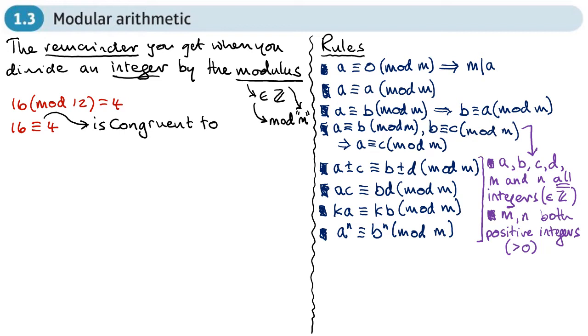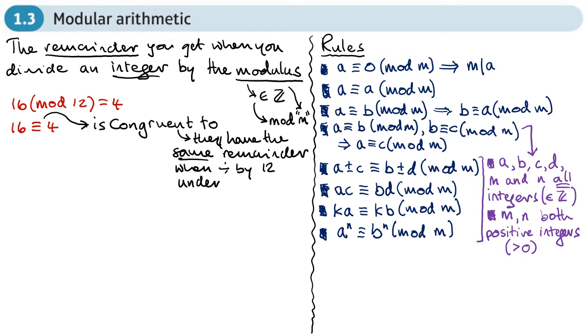It basically means they have the same remainder after you divide them by 12, when divided by 12. Or you could say under mod 12 or modulo 12. That's another way of saying it. They all mean the same sort of thing.